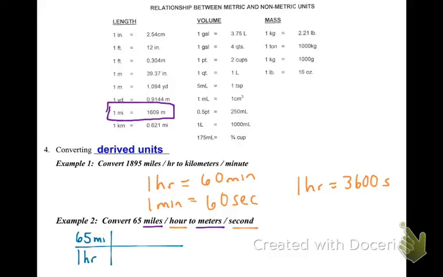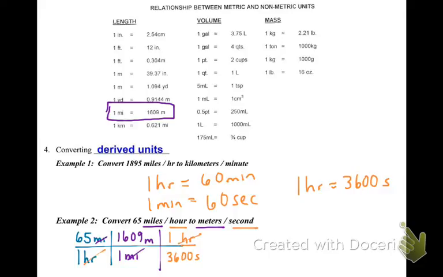So now let's convert miles to meters. So 1 mile equals 1609 meters. Miles is going to cross off. Now we're into our top unit, our correct top unit that we're looking for, meters. Now hours has to cross off, so we put hours on the top. We'll do 3,600 seconds on the bottom.